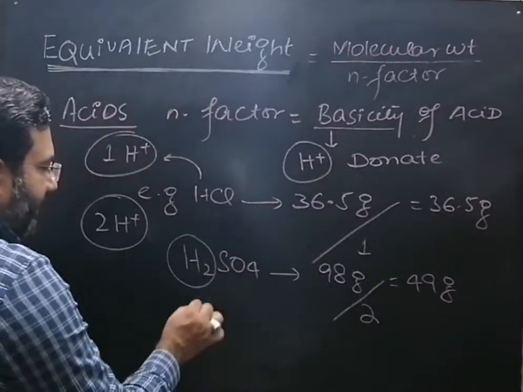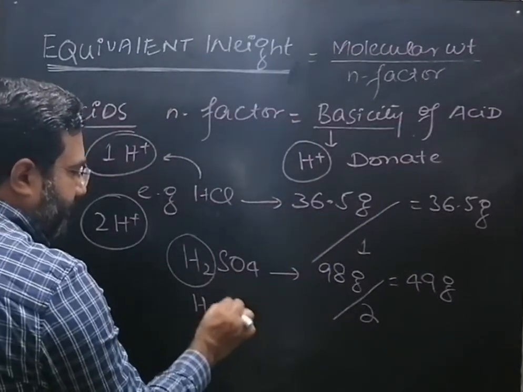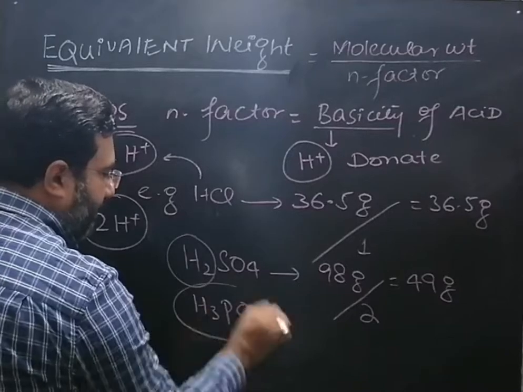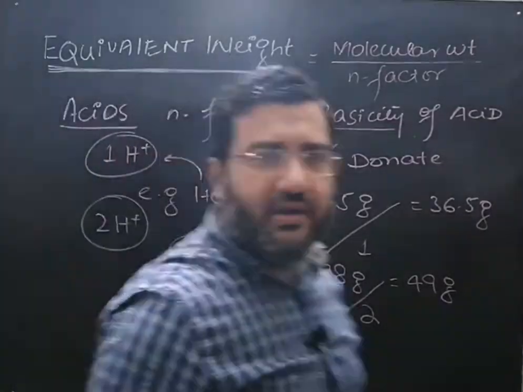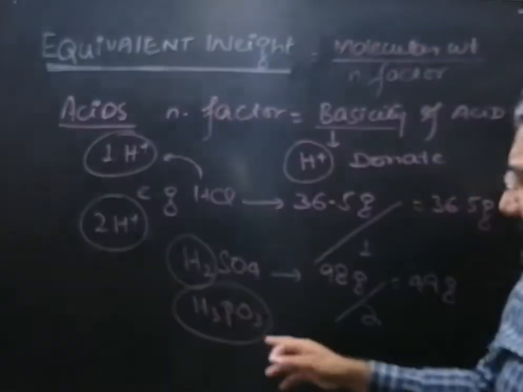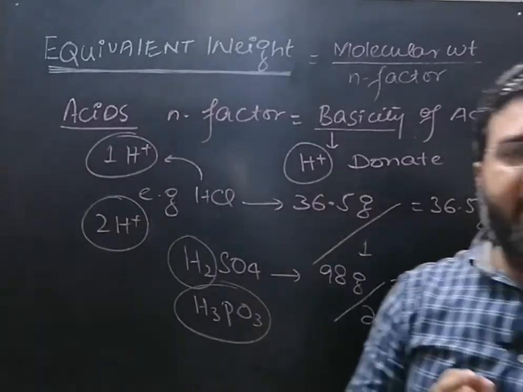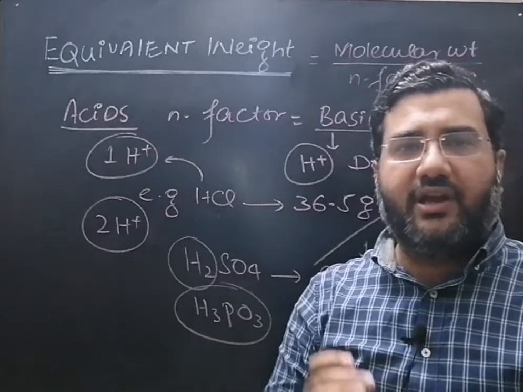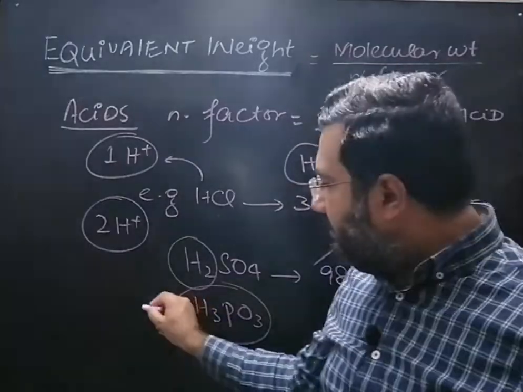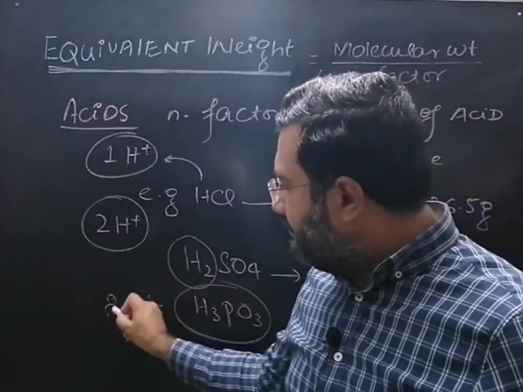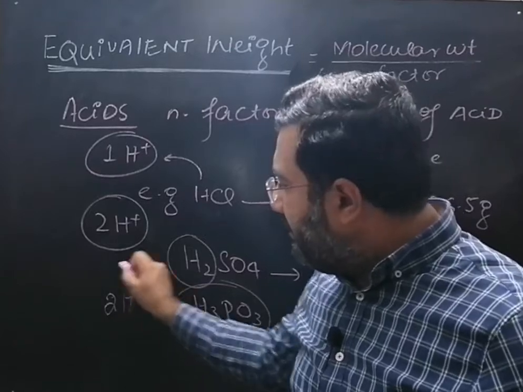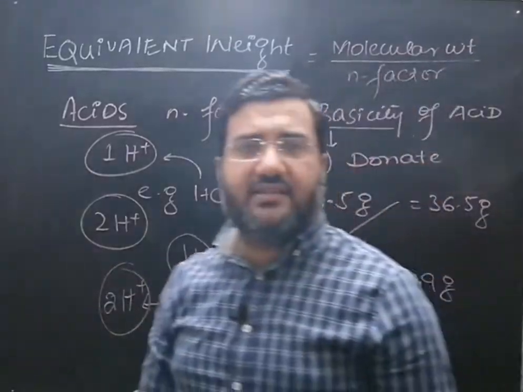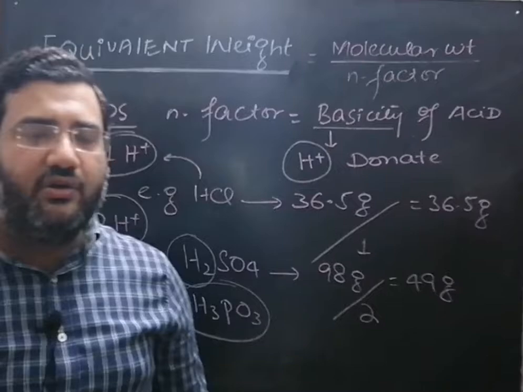Now keep in mind that in case of H3PO3, listen very carefully, that is very important. What is the basicity of H3PO3? It has 3 hydrogen atoms, but the donatable protons in it are only 2. Why is the third hydrogen not donatable?